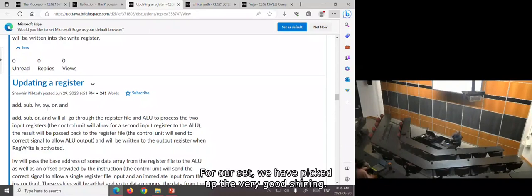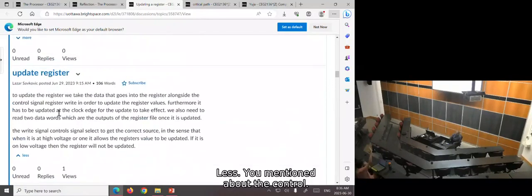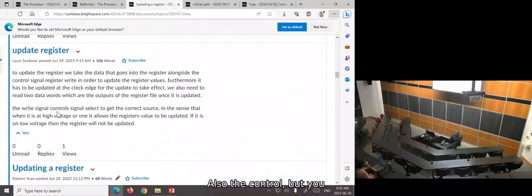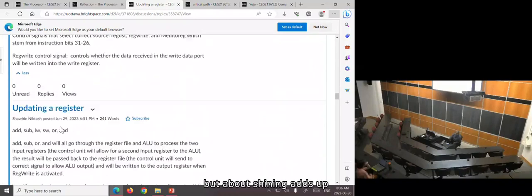Yes, that's right. So for our set, we have picked up this. Very good. So these are updated. Very good. So Lazar, you mentioned the control, but you haven't mentioned the name of the control signal. What about Shahin?